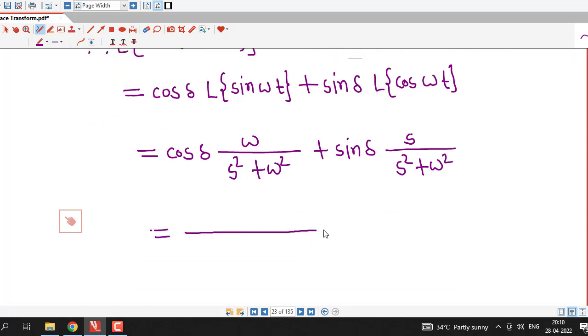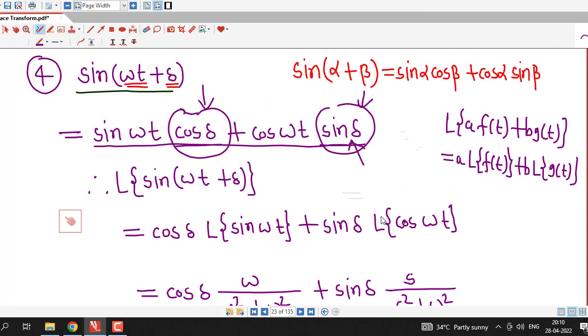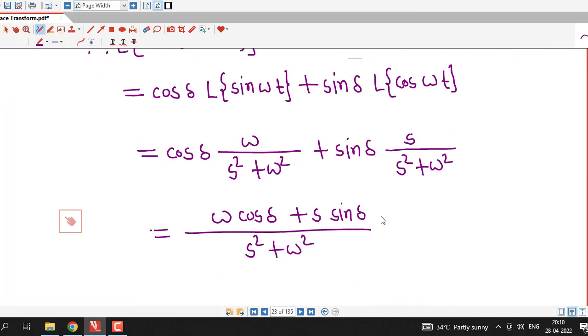And this we can rewrite by taking the LCM as omega times cos delta plus s times sin delta, divided by s square plus omega square. So this is the Laplace transform of sin of omega t plus delta.